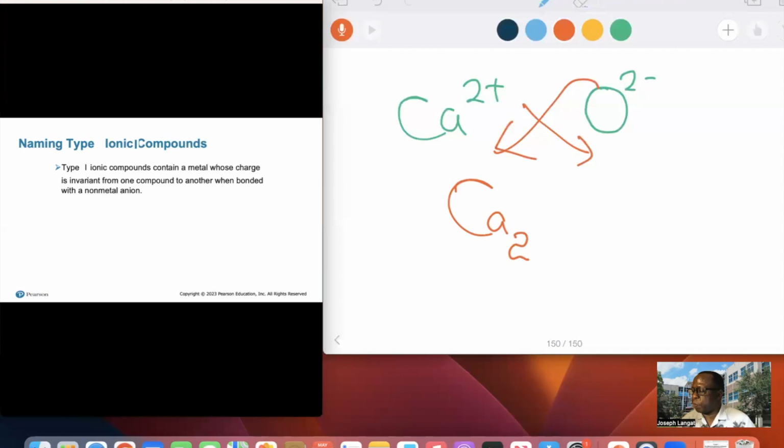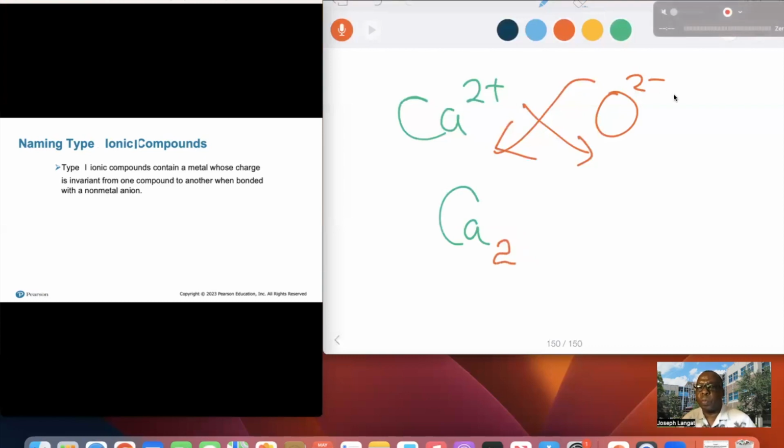Let me erase this so that you see this is O with the 2 negative there, and where the Ca is coming from. The 2 is coming from oxygen, and then O here, and the 2 is coming from calcium.